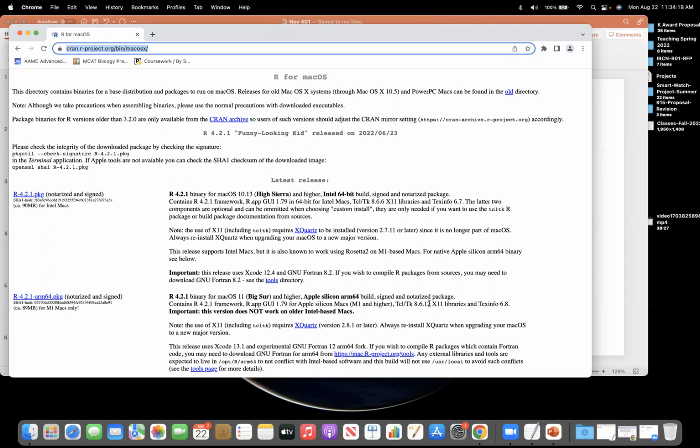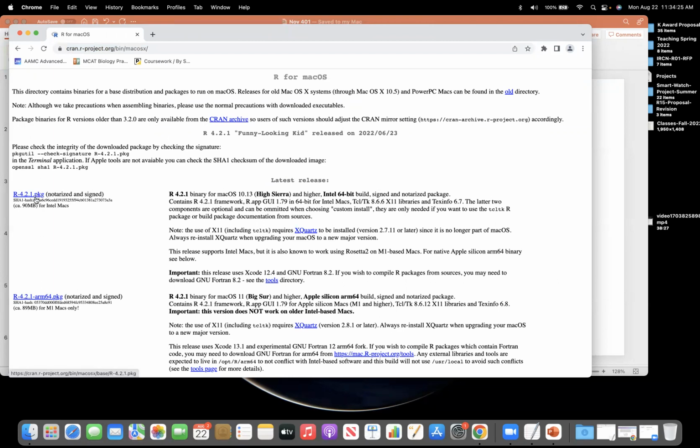So just go to this link. If you're using MacBook, go to this link and click on this first package link, which is the 4.2.1 package. If you click on this link, then you install this package, and then you just unzip it and follow the instructions and hit all the default options.